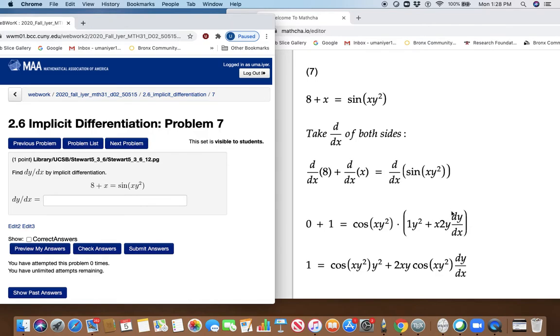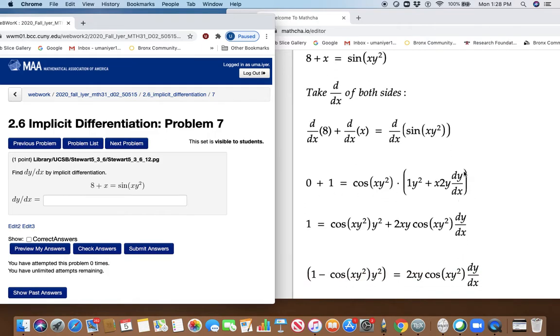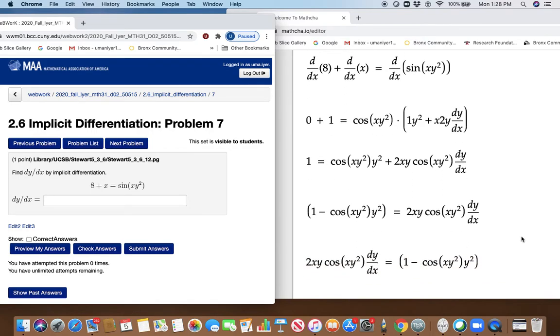Dy dx because y and x are different variables. Okay, all this is being multiplied here. So notice in this equation, dy dx appears only once. So there's a plus here, so open it. Left hand side is 1 equals cosine xy squared times y squared plus 2xy cosine xy squared dy dx.